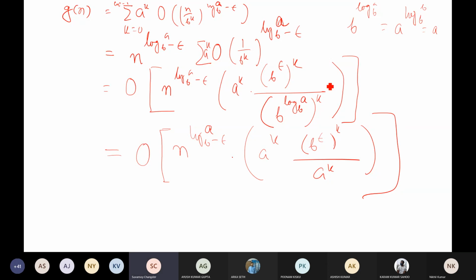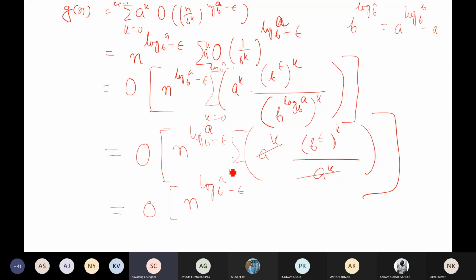Okay, so that to the power k is equal to a to the power k. So we can write big O of n to the power log a base b minus epsilon. These two terms will be raised... Oh, sorry, here all these are k equals 0 to log n base b minus 1.